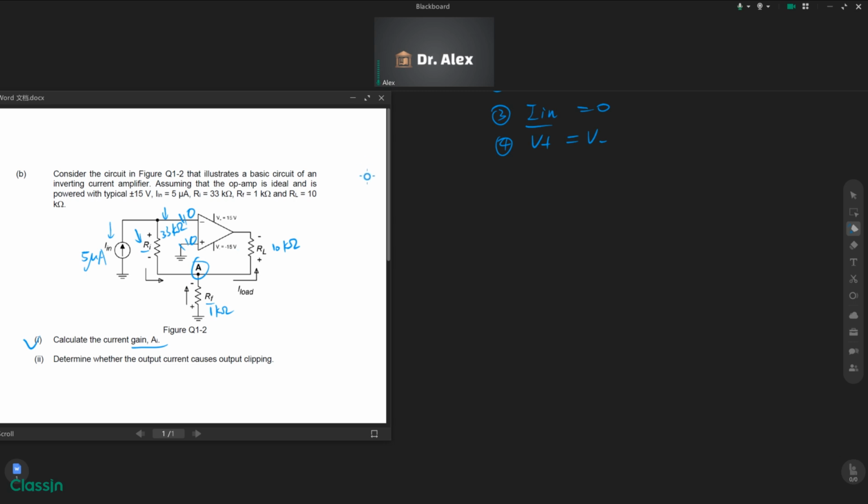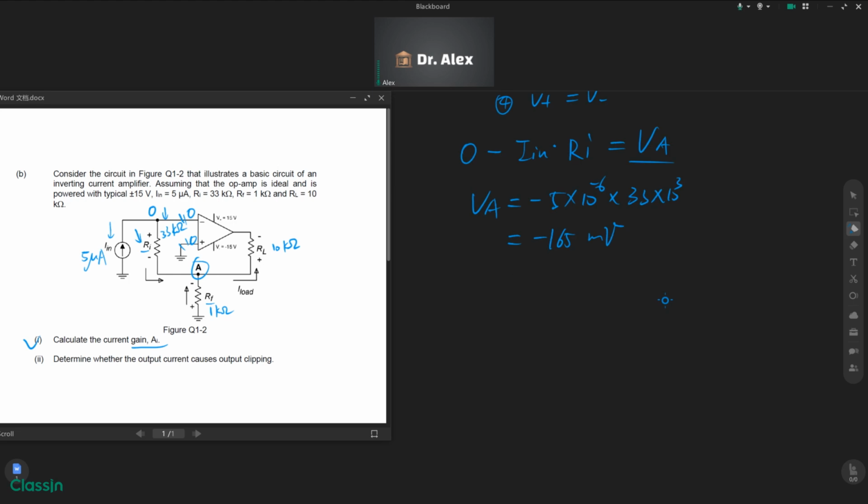You can see here the potential is zero. So zero subtract I in multiply Ri should be the potential at A point. So VA is minus 5 microampere times 33 kilo ohm, and the answer is minus 165 millivolts.